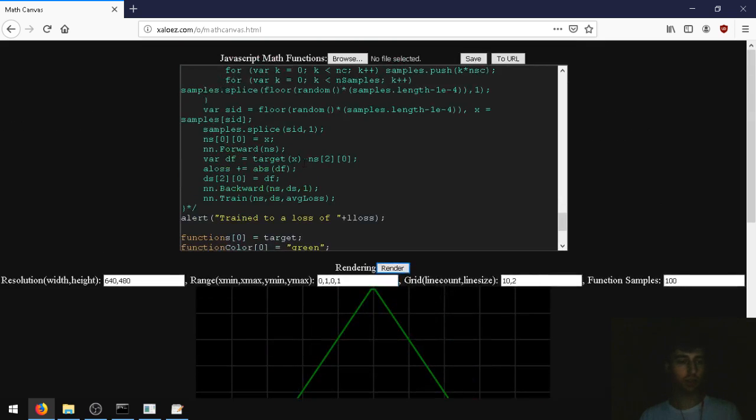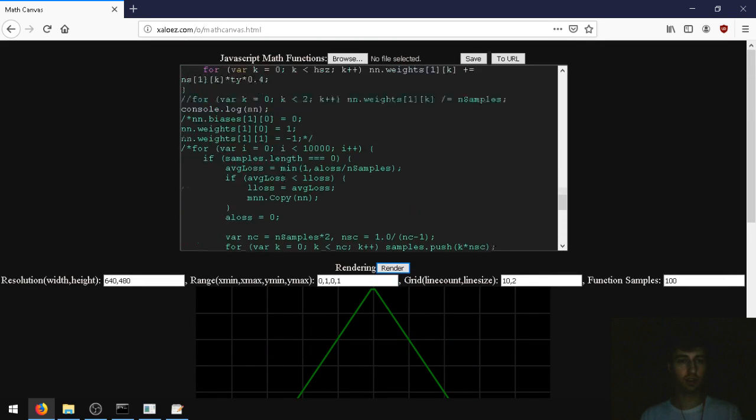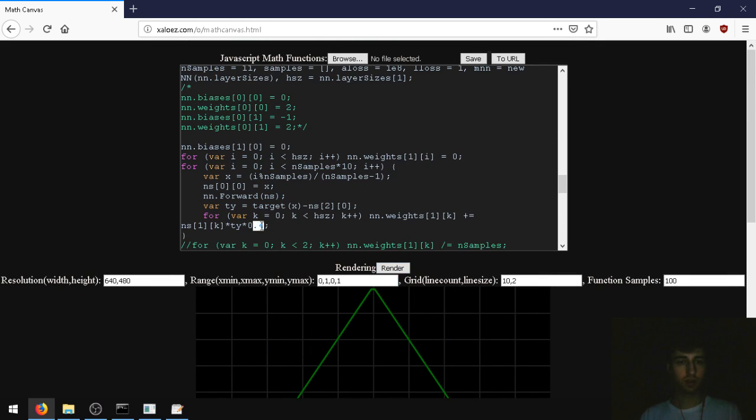So what's a good learning rate that's not too high and not too low? I think maybe 0.2 or 0.1. I don't know. We'll see.